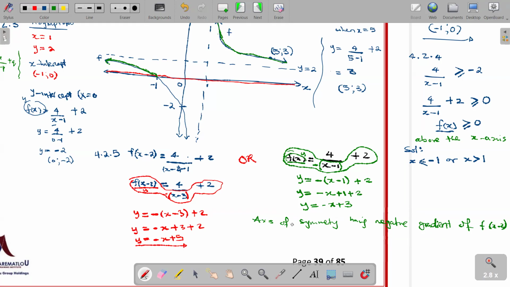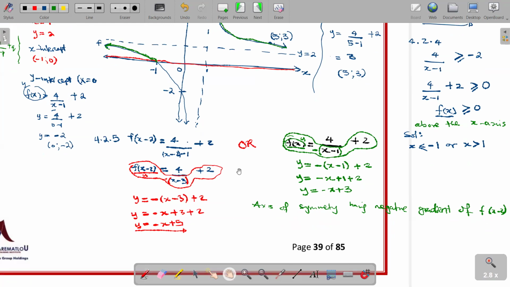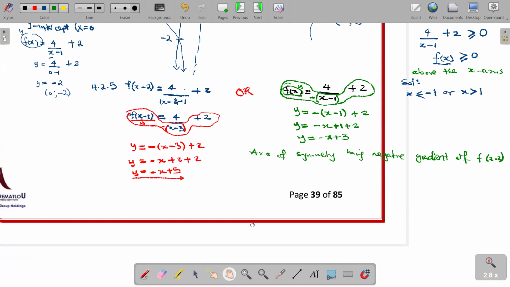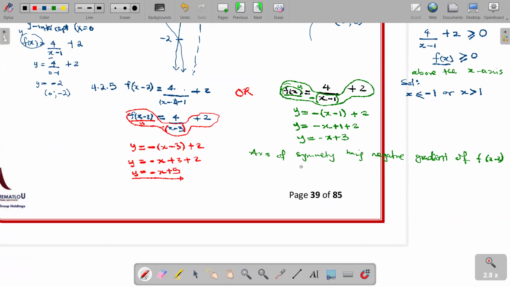So to now get the equation of the axis of symmetry required in this particular question, it simply means from the axis of symmetry of f(x), we're going to substitute x minus 2 wherever there is x. So we are now going to get our equation as y equal to minus, where there is x there, you substitute x minus 2, plus 3.